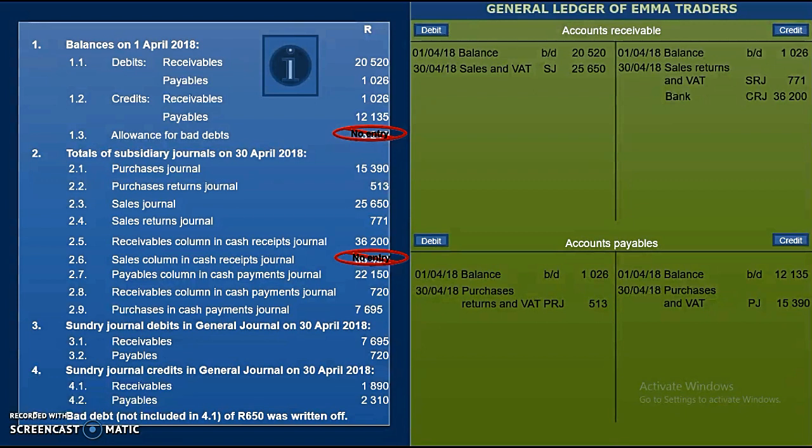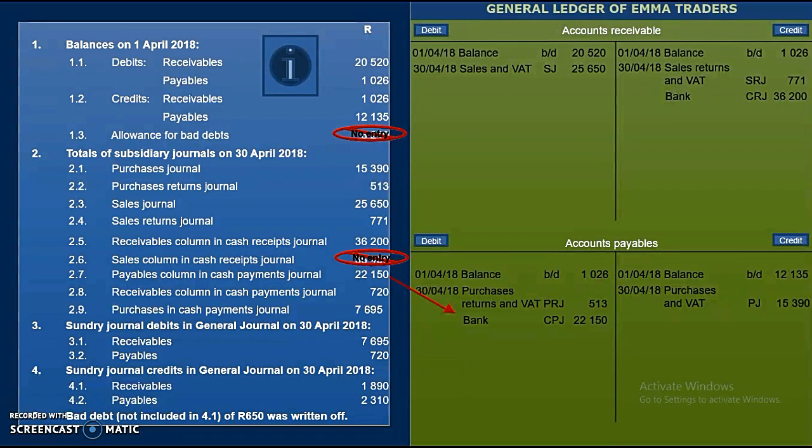The payables column in the cash payments journal represents all amounts paid to suppliers or creditors. There's therefore a decrease in the amount owed to payables, and therefore it should go onto the debit side of accounts payable.